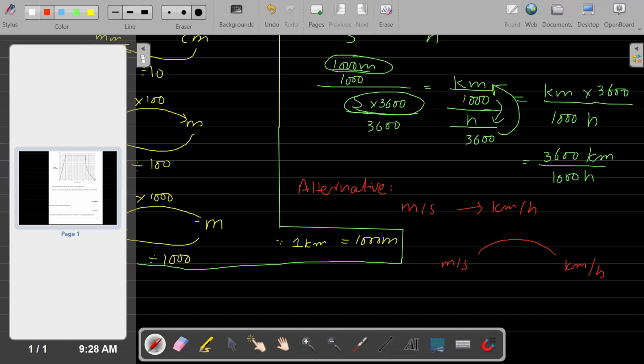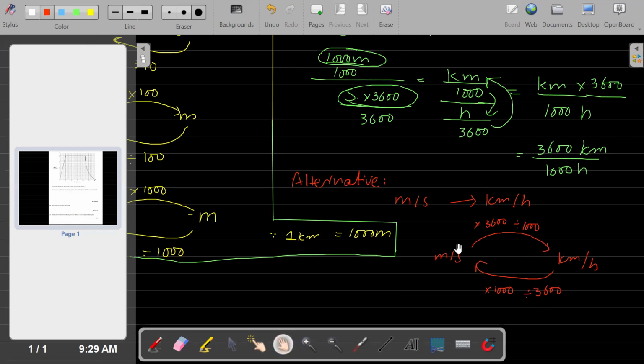From meter per second to kilometer per hour, multiply with 3600 and divide with 1000. Reverse the pattern. If you want to move from kilometer per hour to meter per second, you have to multiply with 1000 and divide with 3600. You have to follow that pattern, whatever comes. I think that this might be easier for you, isn't it?